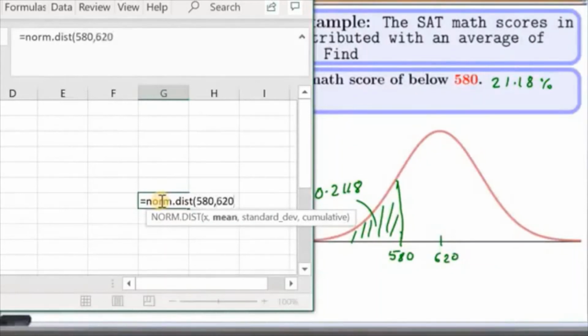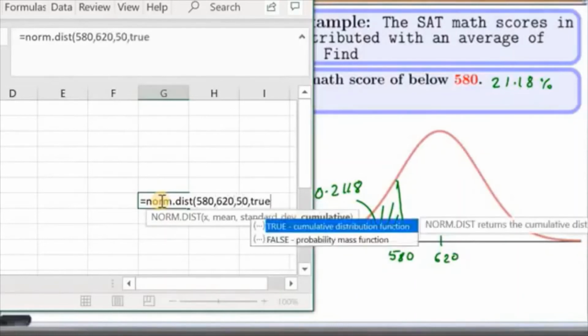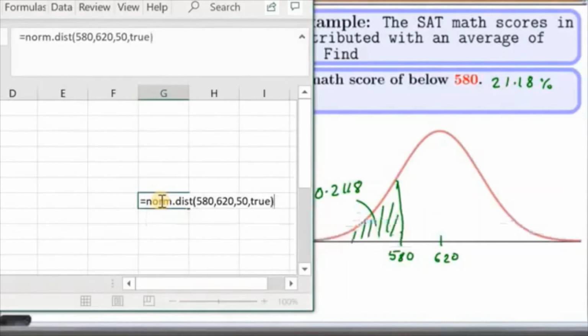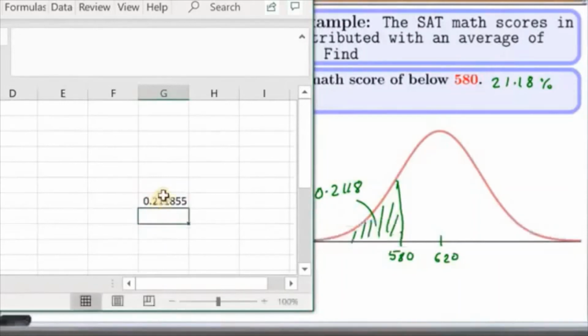And our standard deviation is 50. Here we will be typing true because we are looking at the cumulative probability up to 580. Then close your parentheses, then hit enter. So this is the area to the left of 580, and this is exactly what we got using the table and calculator also.